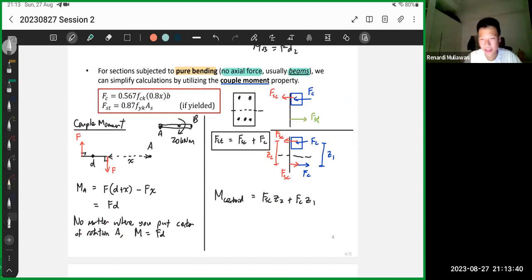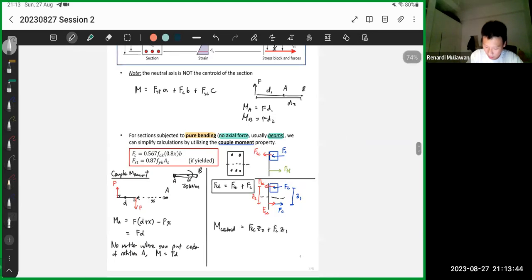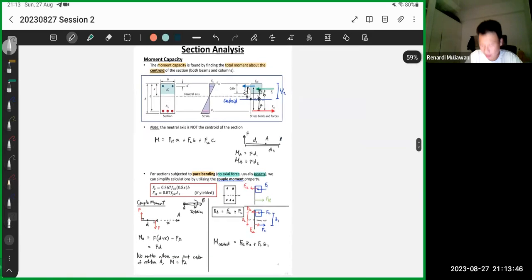Okay, so any questions so far? I'll zoom out. This is the second toughest section. The toughest is still the yield or no yield, but that one is later. But I hope you understand this first. This one is very important. And let me drink first.